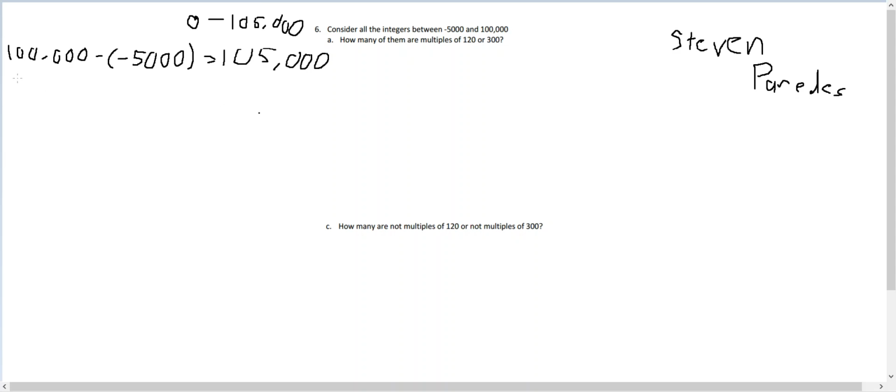So now we need to figure out how many of them are multiples of 120. How many of the numbers in this range here? So to do that, we would take 105,000 and we divide it by 120, which equals 875.